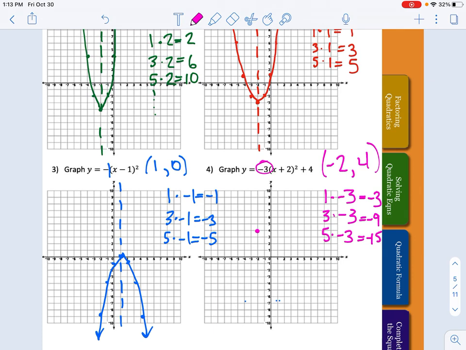Notice the negative will make it be a sad face graph, so we know it's going to be pointing downward. I'm going to go ahead and do my axis of symmetry, and then I'm going to go over 1, down 3.